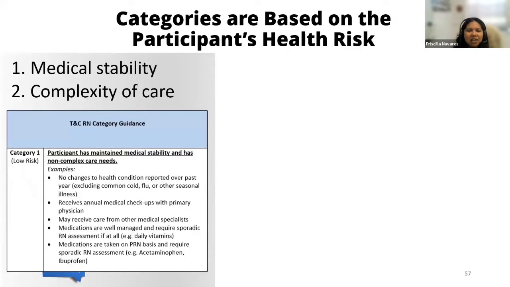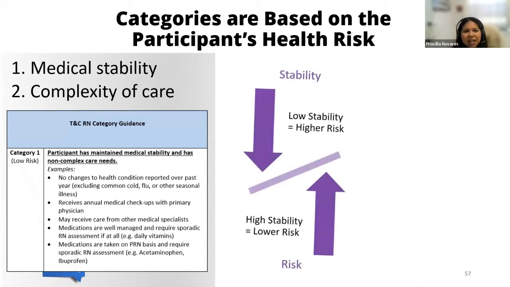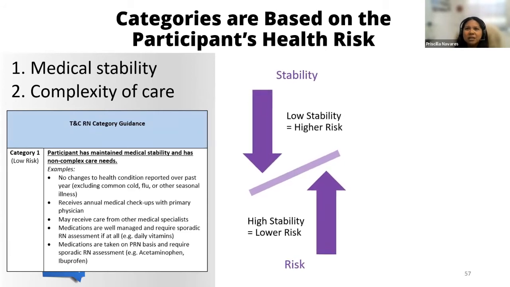And the other part of that, when we talk about identifying the appropriate category, is also realizing that the categories are based on the participant's health risk and also the complexity of care. This is, of course, just a very short graphic, but as the RNs will know, it is a very complex task that cannot necessarily be very black and white, and that's why we put the authority and the autonomy back into the provider's nurses, because that's where the professional judgment and the nursing skill will really come in.